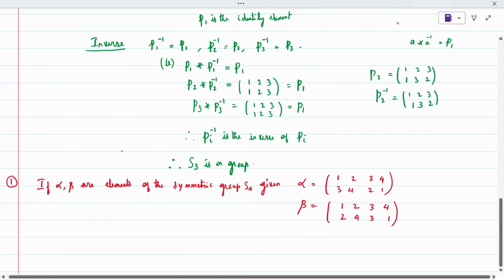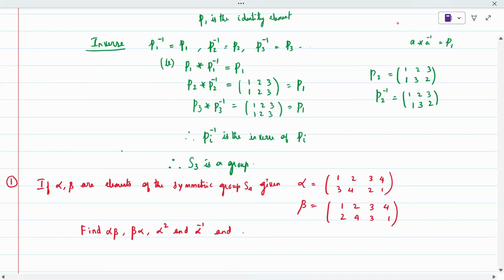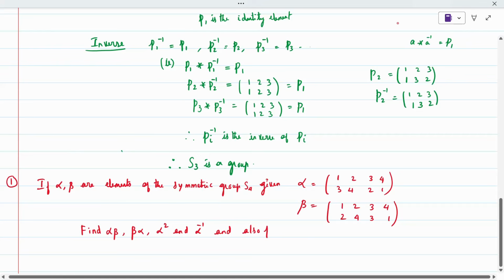Find alpha beta, beta alpha, alpha squared, and alpha inverse, and also find the order of each element. Also find the order of alpha, beta, and alpha beta. This only we have to do.